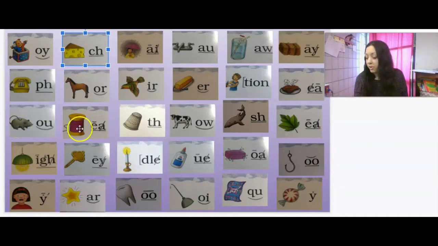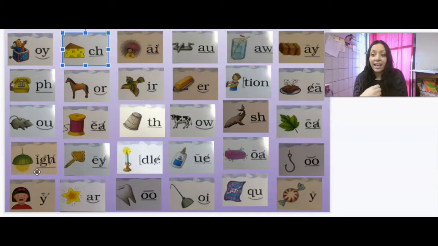Mouse, ow, diphthong OU. Thread, digraph EA. Thimble, digraph TH. Cow, ow, diphthong OW. Shark, sh, digraph SH. Leaf, E, digraph EA.